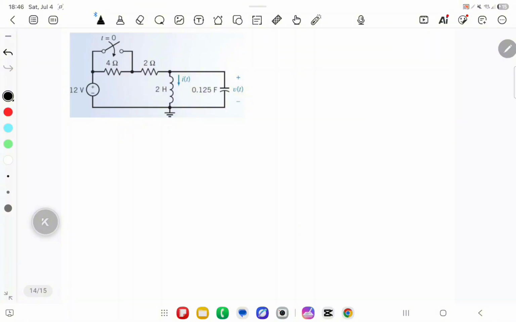So when it comes to the analysis of a circuit in the Laplace domain, we have to take into account two states. The first state is when our circuit is before time equals zero.